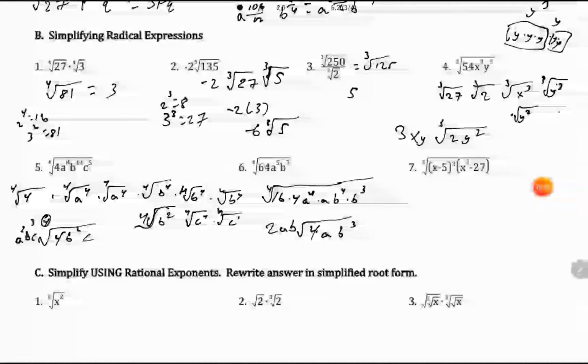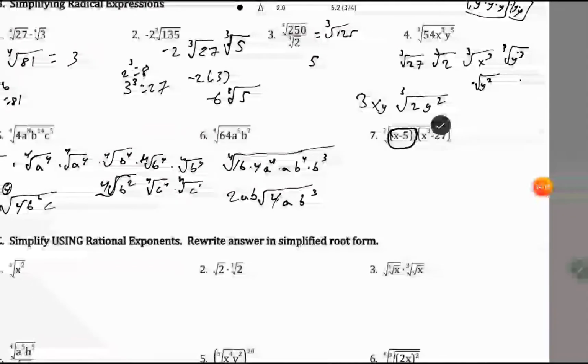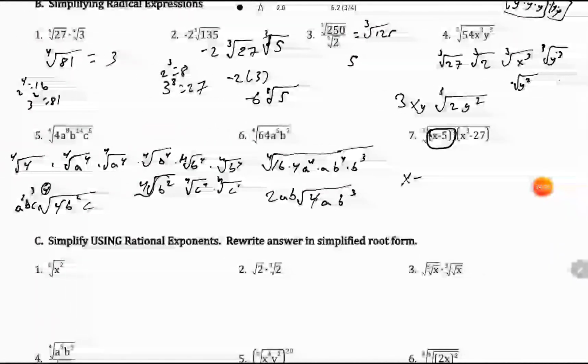Okay. Well, what is this? Why are we doing this? Okay. So luckily, this number here is to the cubed, because we could just take it right out right now. So we have x minus 5.